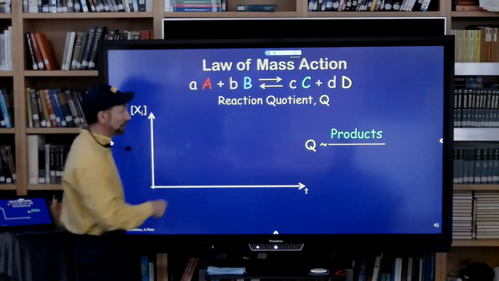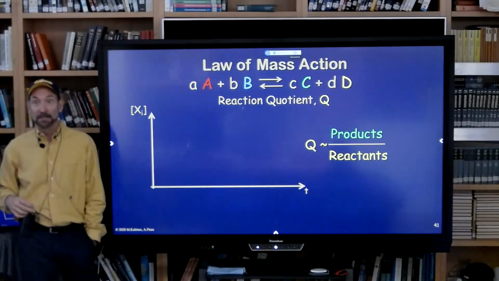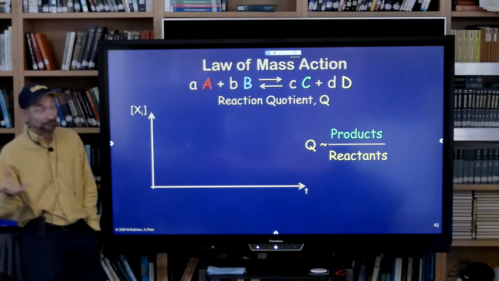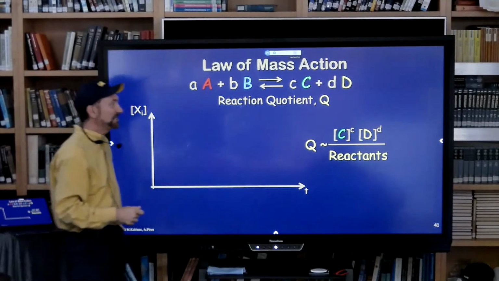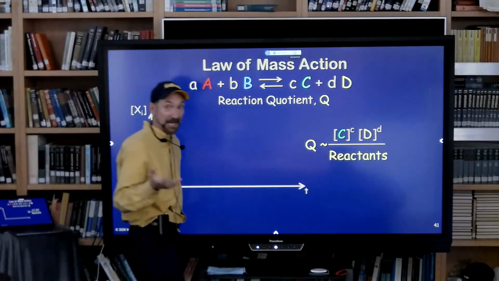In the reaction quotient, we put the products in the numerator, and in the denominator, we put the reactants in a special way. We take their concentrations, and remember, this is for reactions in solution.